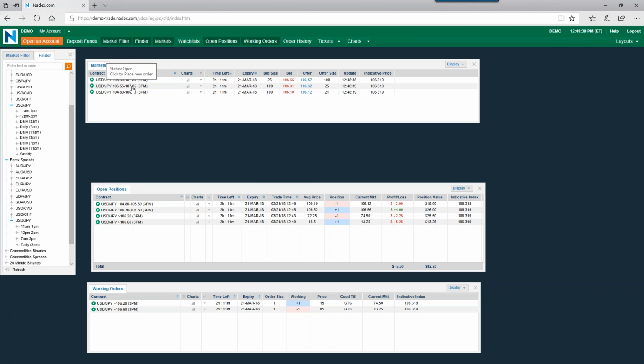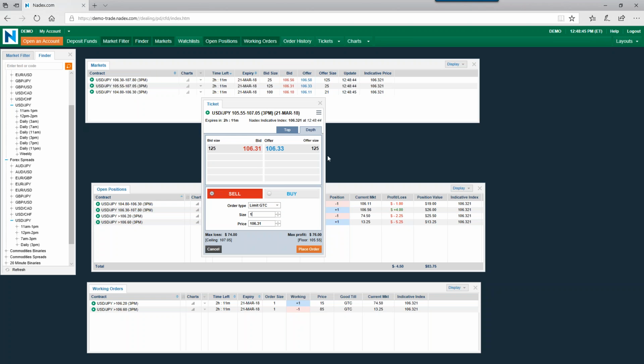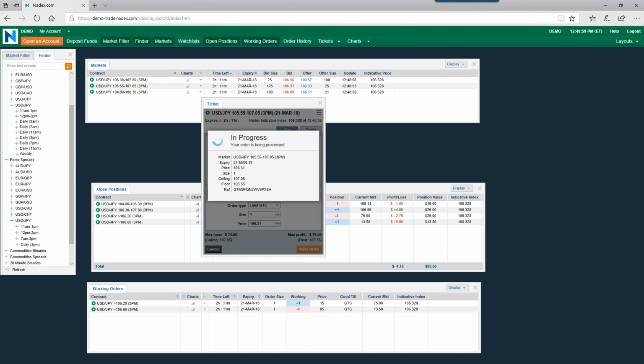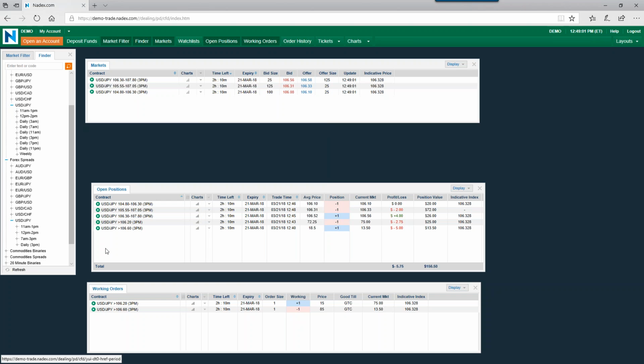Let's say that we want to go short in a spread that already is in the money, okay? So in this case, you're going to risk $74 to make $76, okay? And I'm going to place this order, and this one is short, okay?